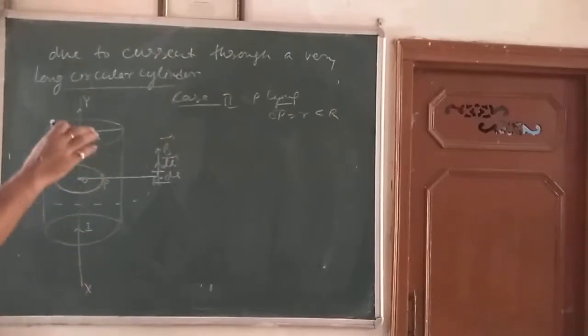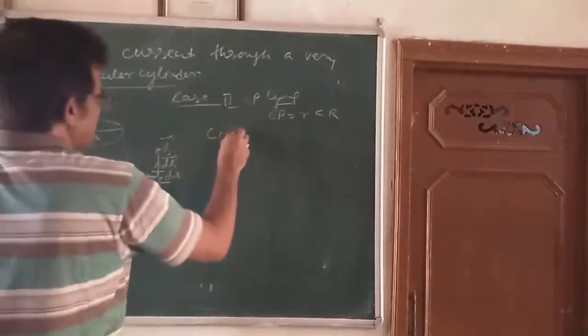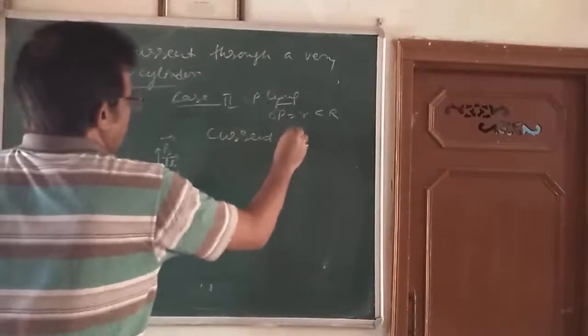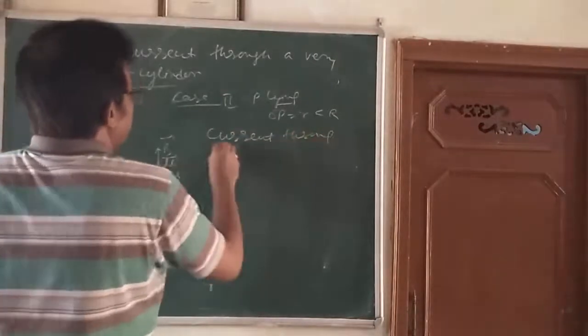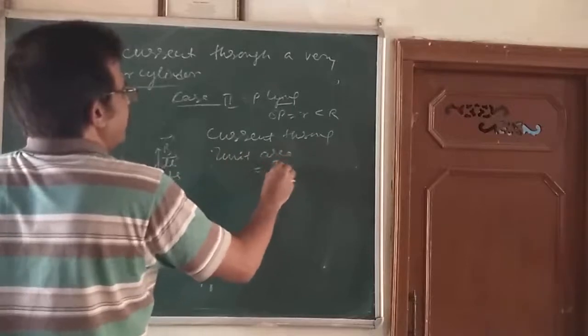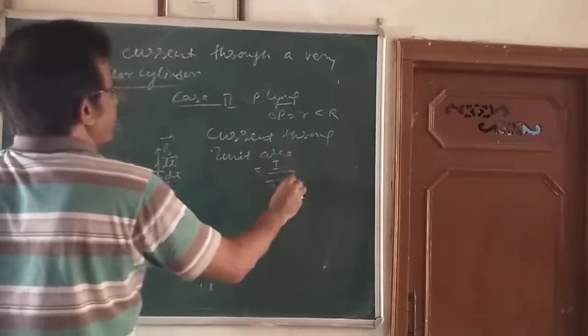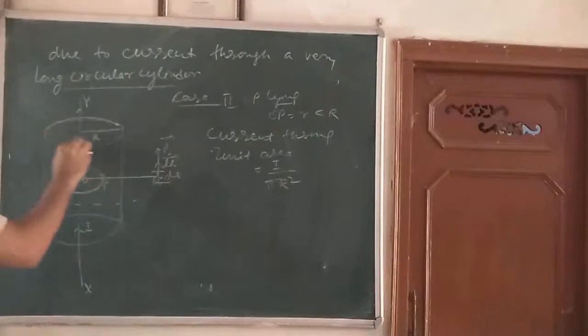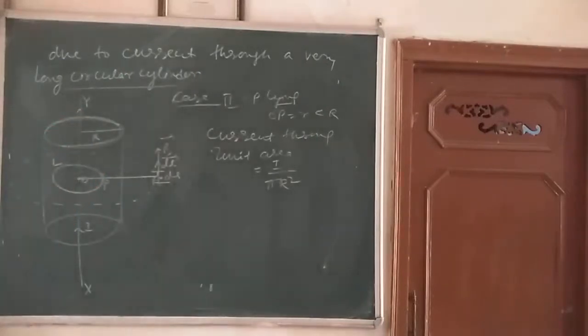Dear children, current through unit area, that is, current is I and area is pi R square. Here is the area of cross section. So current through unit area is this one.